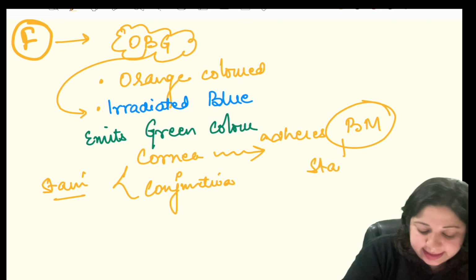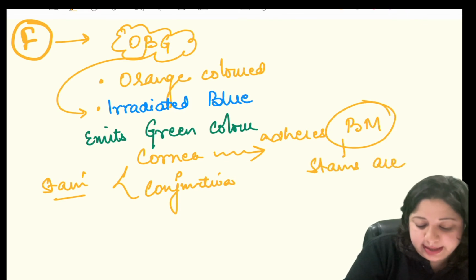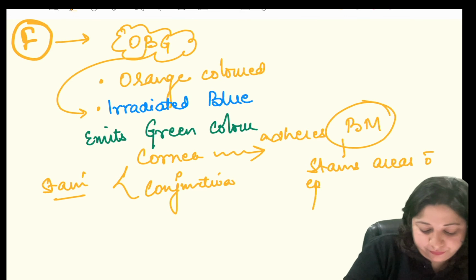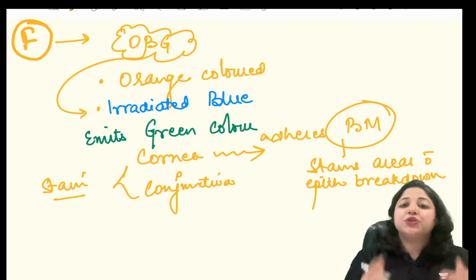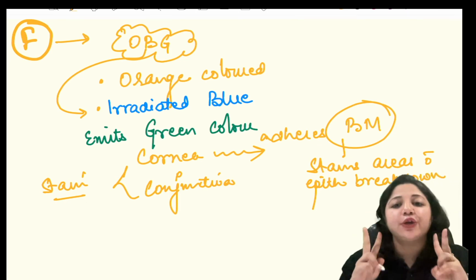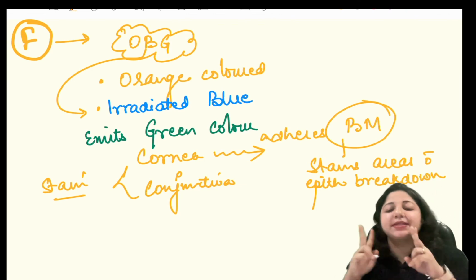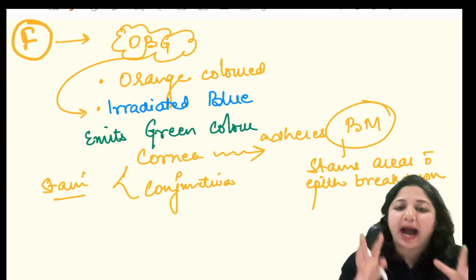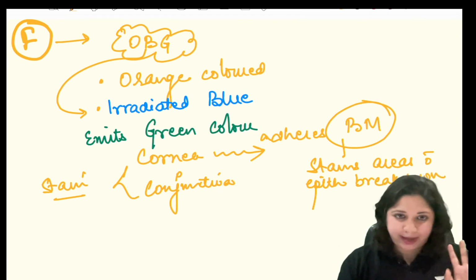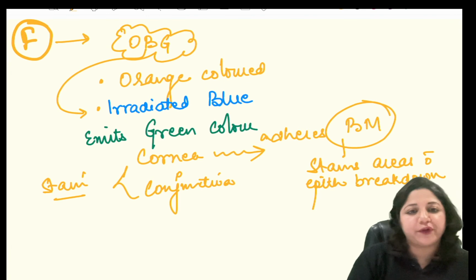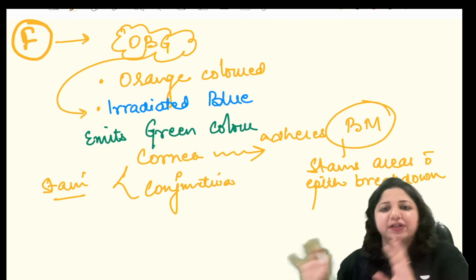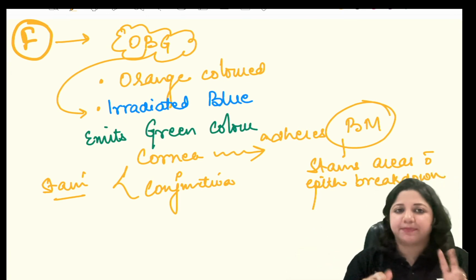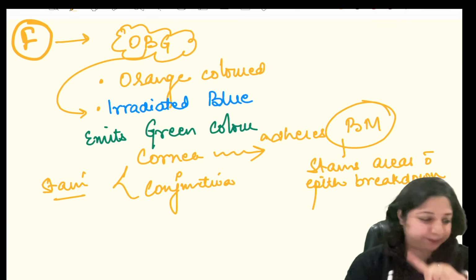So it stains areas of epithelial breakdown. Simple. So now both the components of sequelae of dry eye, whether conjunctival or corneal, are being covered by fluorescein. So even if conjunctival xerosis comes or corneal xerosis comes, fluorescein is going to cover both of these.